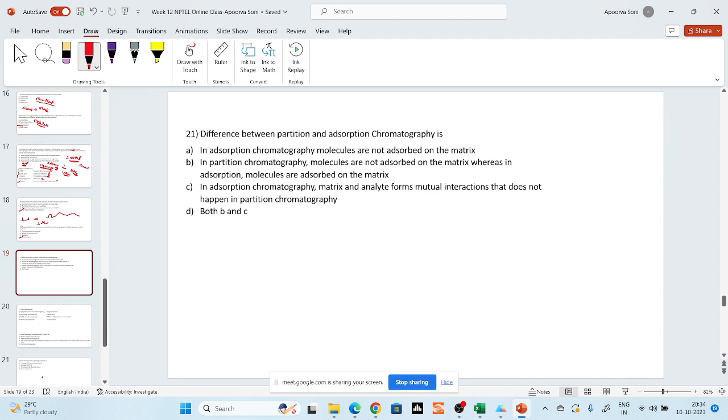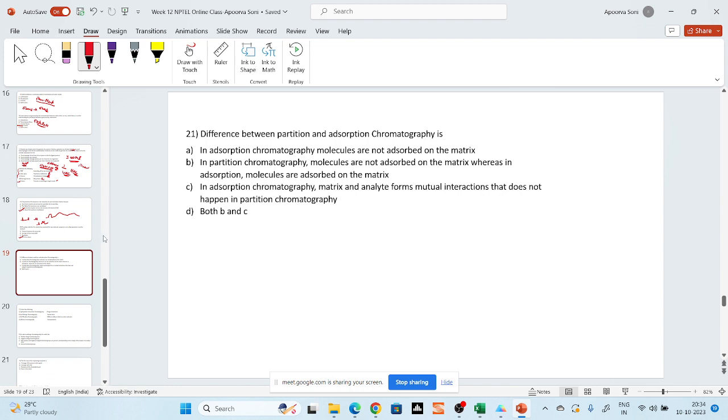We will revise this portion also, if not in today's class, maybe in next week's class. But just for understanding this particular question, chromatography can be partition or adsorption.